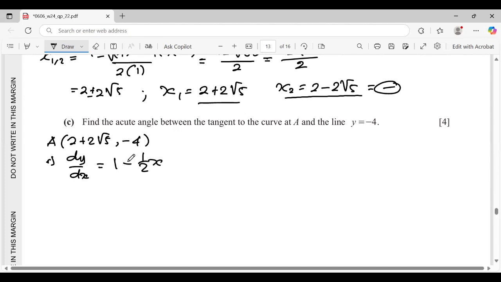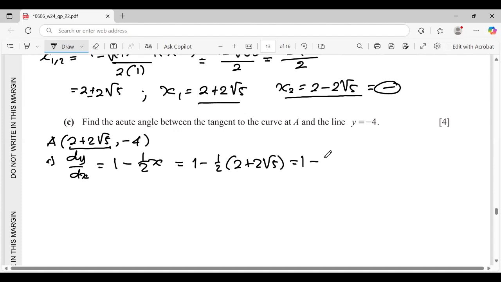After that, we are going to substitute x equals 2 plus 2 square root 5 into dy/dx. So it becomes 1 minus 1 half times 2 plus 2 square root 5.